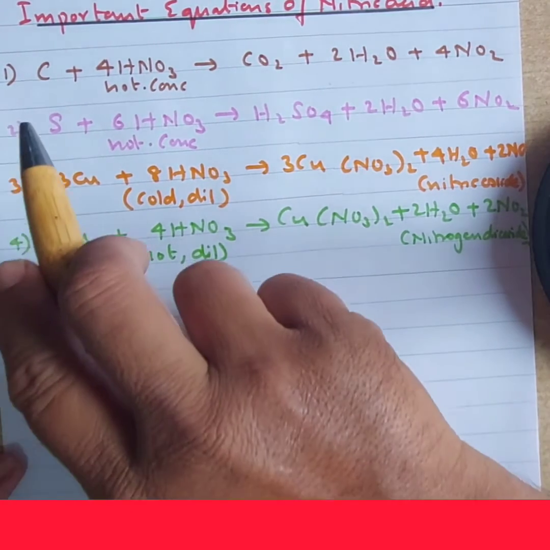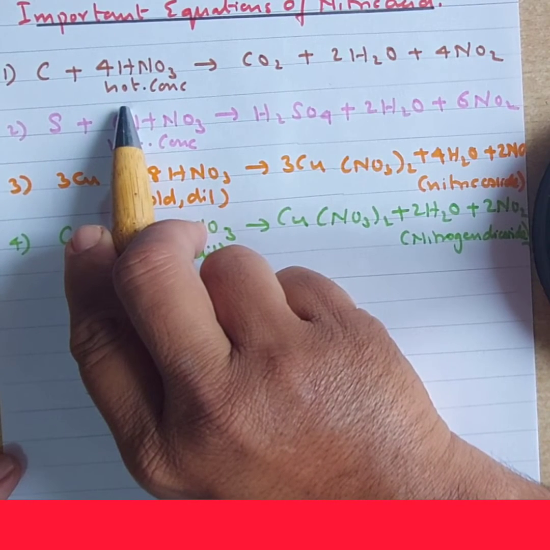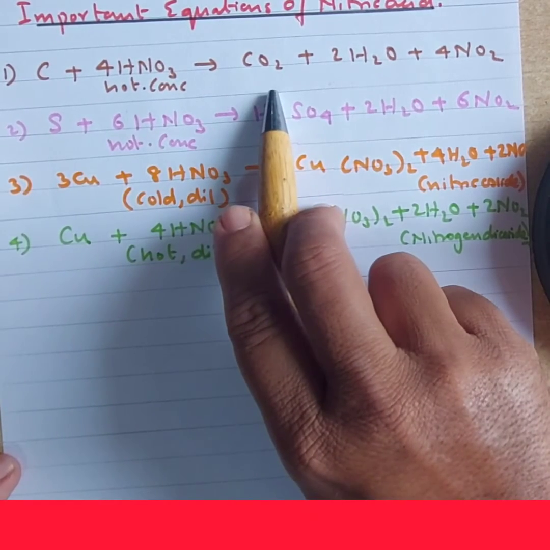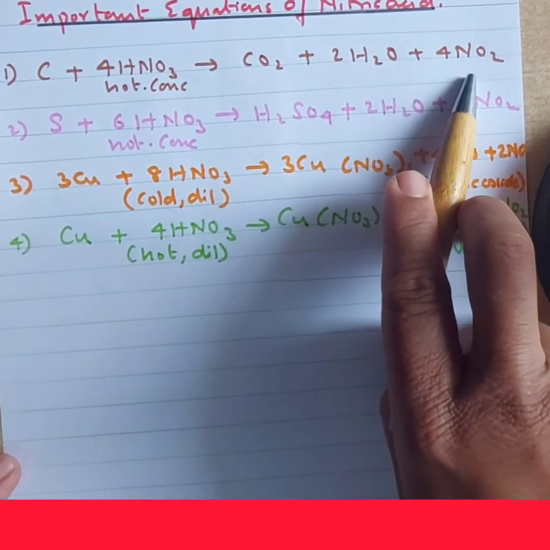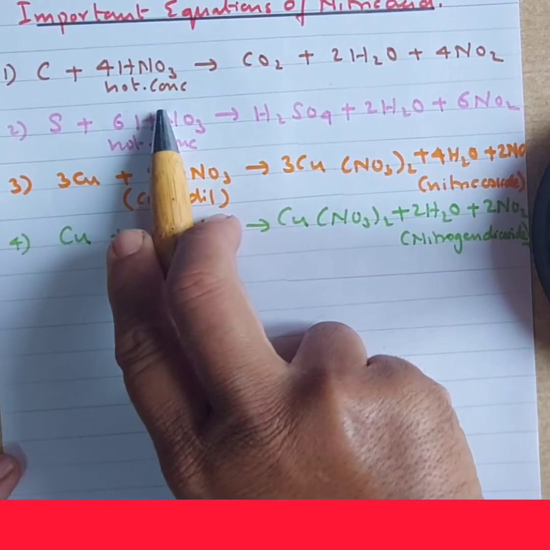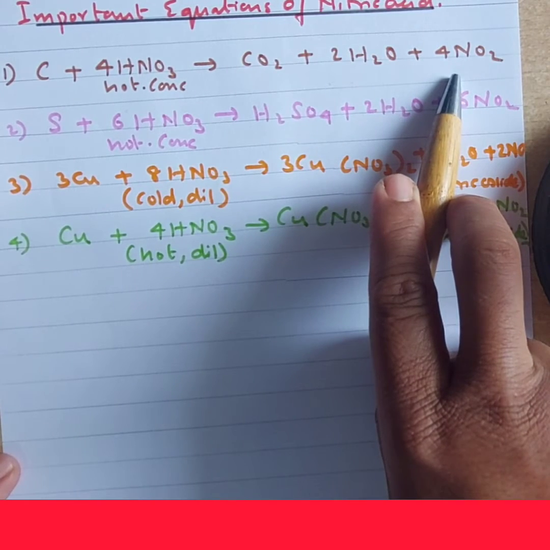So the first one is carbon with hot concentrated nitric acid. So when carbon reacts with hot concentrated nitric acid, carbon dioxide gas is released along with nitrogen dioxide and water. So hot concentrated nitric acid gives you nitrogen dioxide gas.